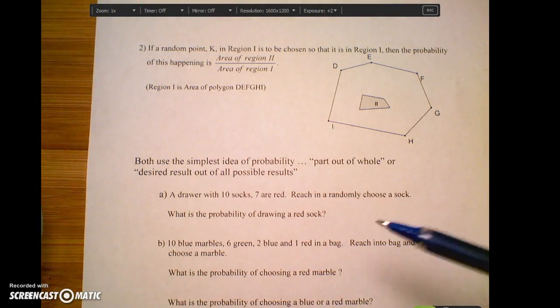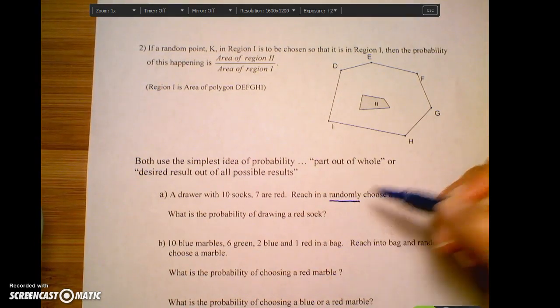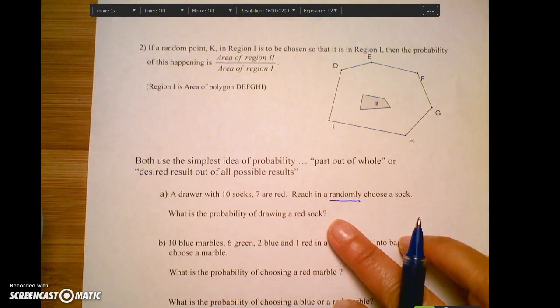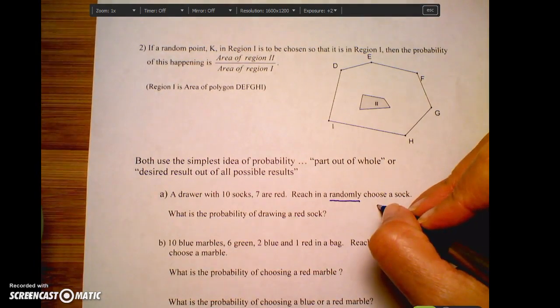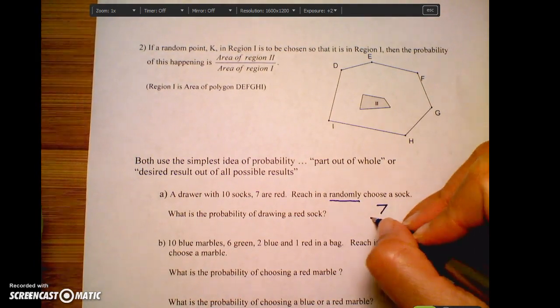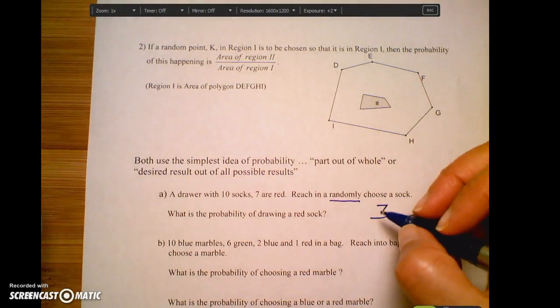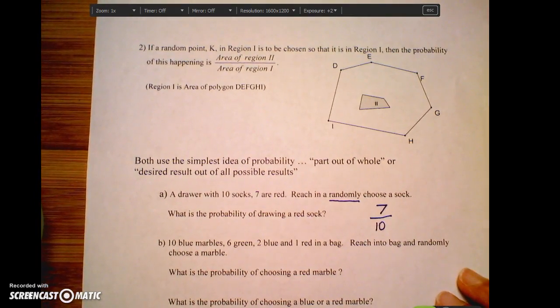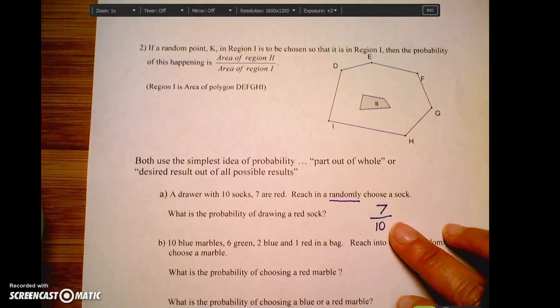You reach in and there's that important word, randomly choose a sock. What is the probability of drawing a red sock? Well, the desired feature, red, there are 7 of those, out of all possible socks, 10. And so the probability of drawing a red sock is 7 out of 10.